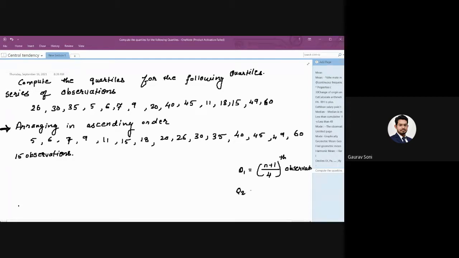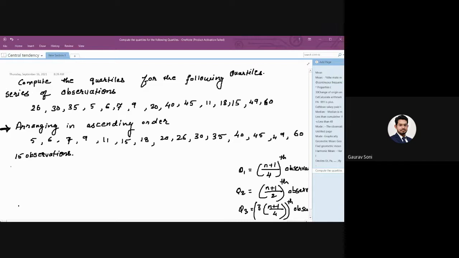Q2 will be the 2 times (n plus 1) by 4th observation, and the third one, Q3, will be 3 times (n plus 1) by 4th observation.